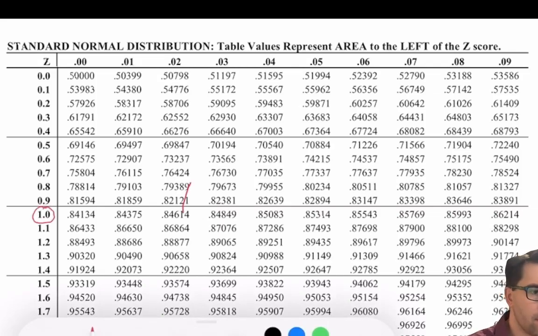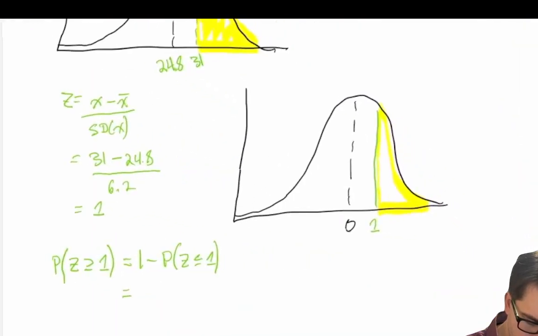We're going to look for 1.0, which is right here. So our z-score has a probability of the area to the left of the z-score of 0.84134.